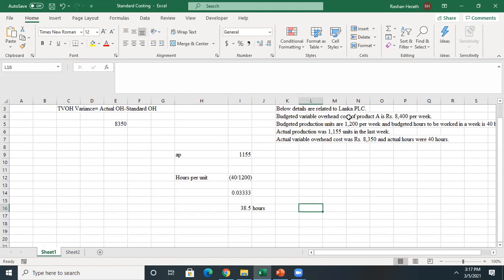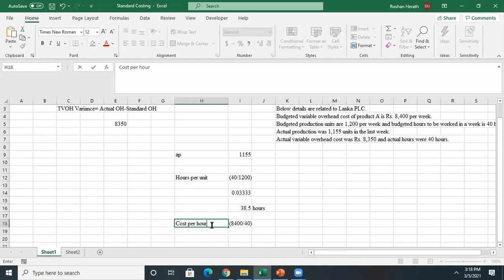The budgeted variable overhead cost of the production is 8,400 per week, and there you have 8,400 cost for 40 hours. So here you are taking the cost per hour. It's 8,400 divided by 40, so per hour it comes to 210.